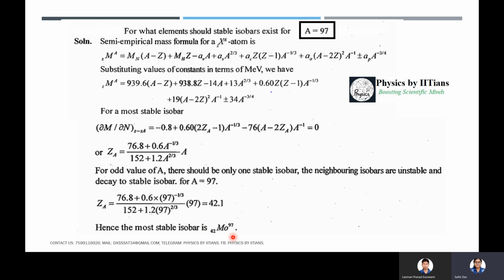In the previous video I also discussed such kind of questions. So I think you understand what we have to do. We have to basically apply this formula, find out the atomic number, and whichever atomic number is nearer to this most stable atomic number will be the most stable isobar.